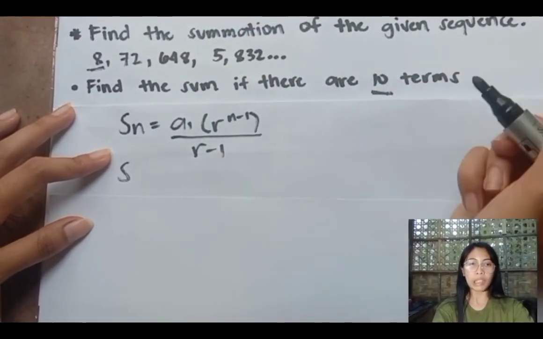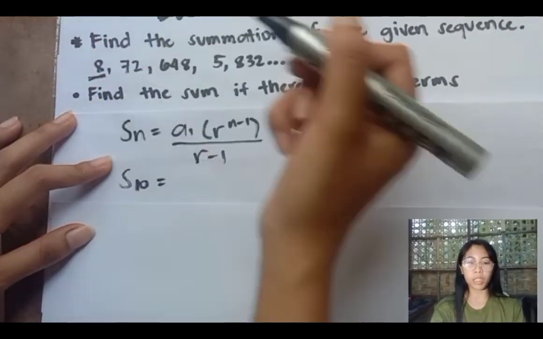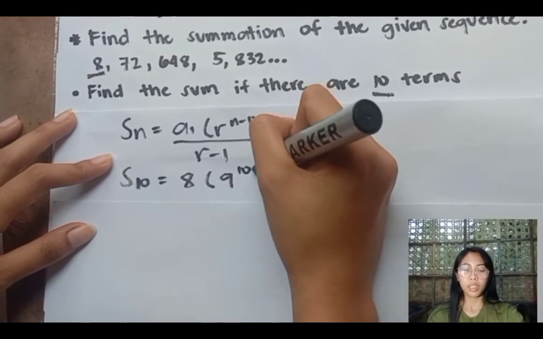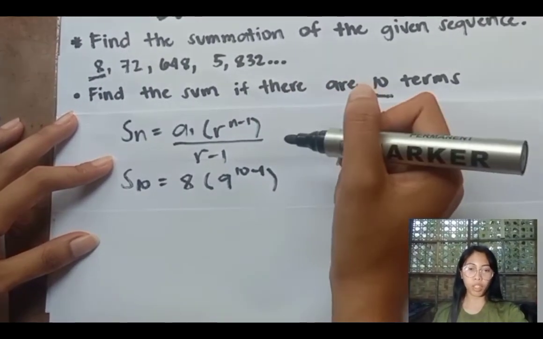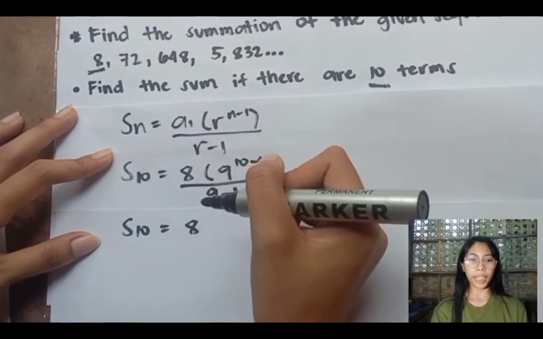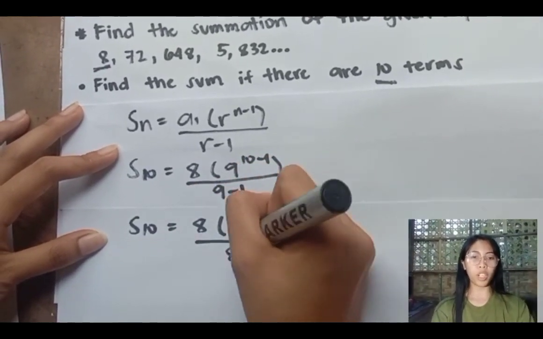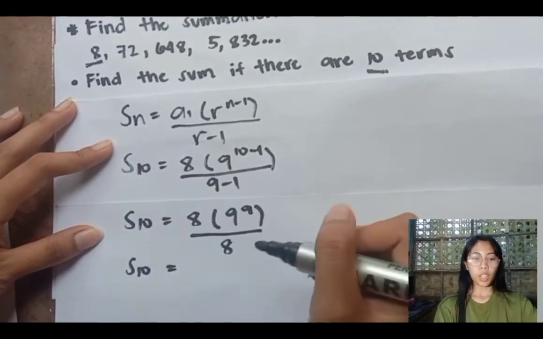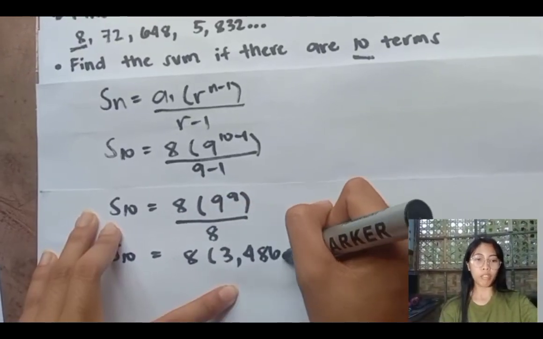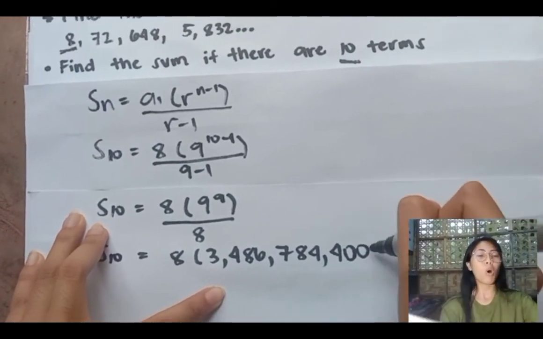So our S sub n, where n is 10, the 10th term, is equal to a sub 1, which is 8, times 9, our common ratio, to the power of 10 minus 1, over 9 minus 1. So S sub 10 is equal to 8 times 9 to the power of 9, over 8.